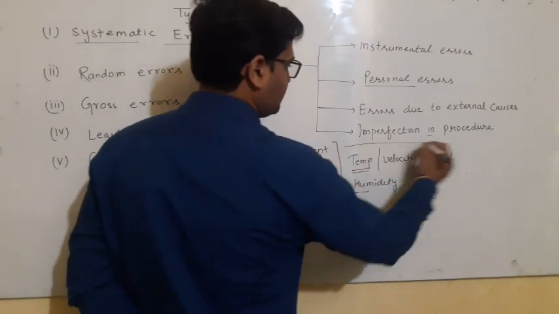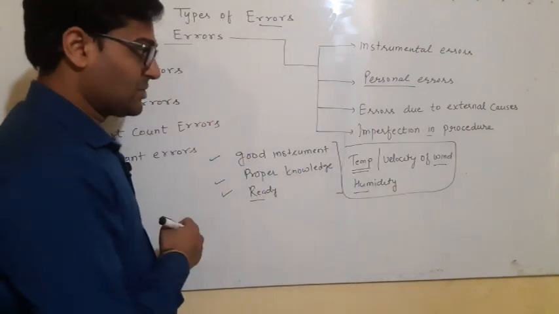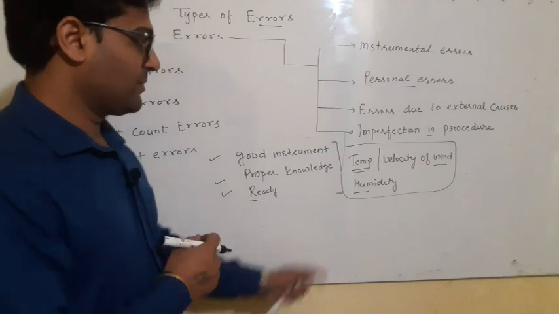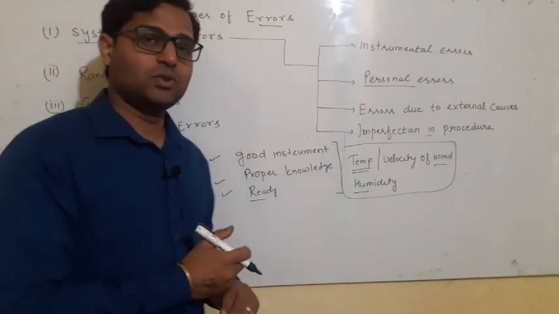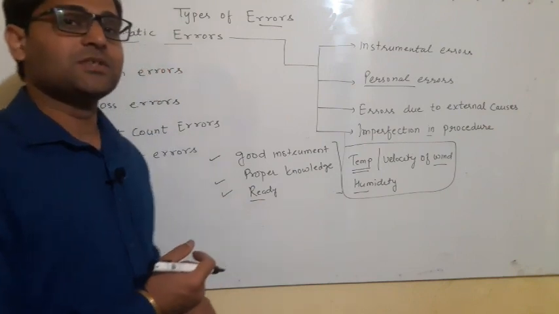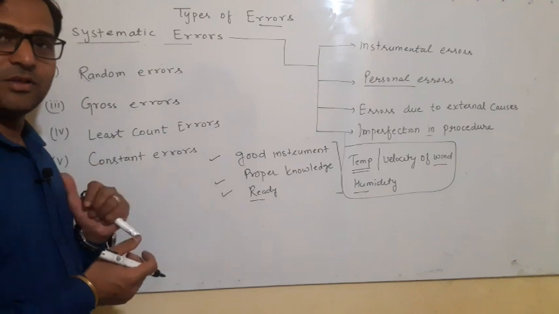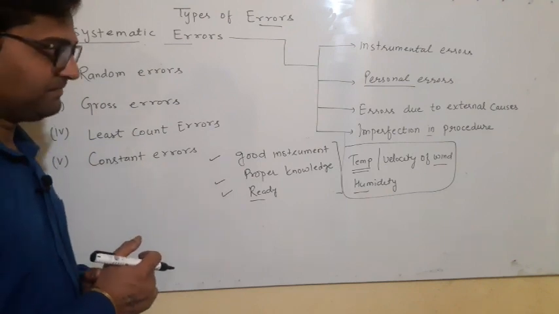So these are some natural factors, climatic factors. If these climatic factors are not favorable, then there are some chances of having some errors in our measuring process, right?